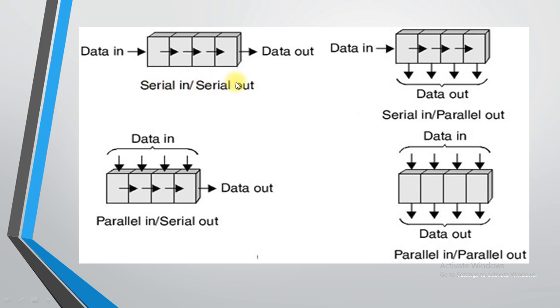Serial in, serial out. That means at a time you are going to enter 1 bit of information and you can output 1 bit of information. So for data in, 1 bit you need to pass. Similarly from this bit to this bit, from second to third, third to fourth, and fourth to out.